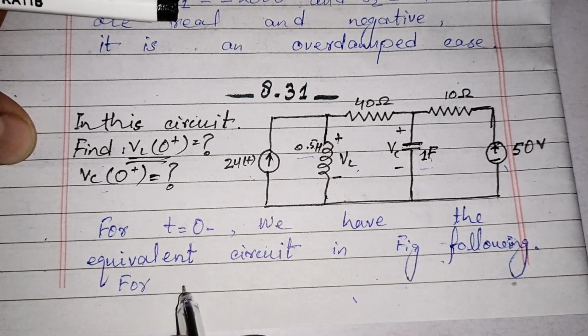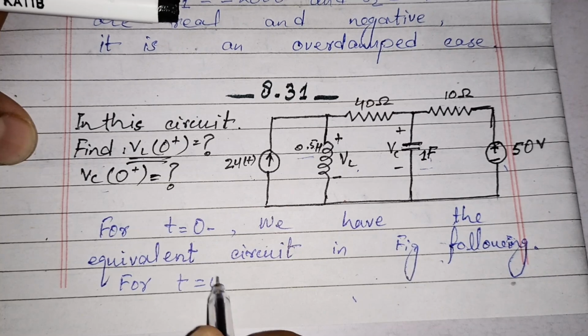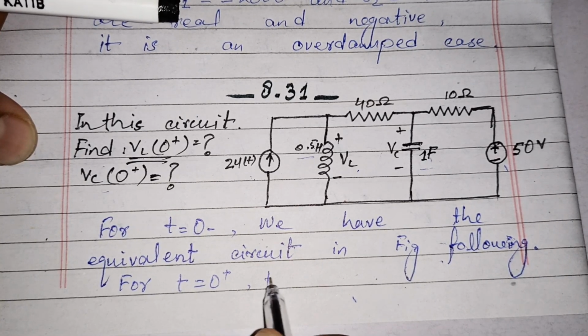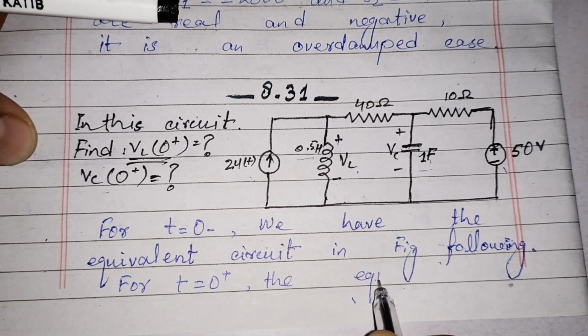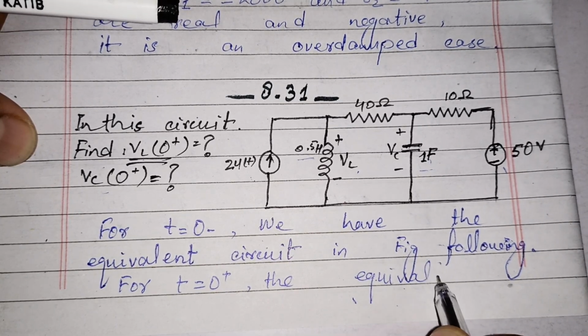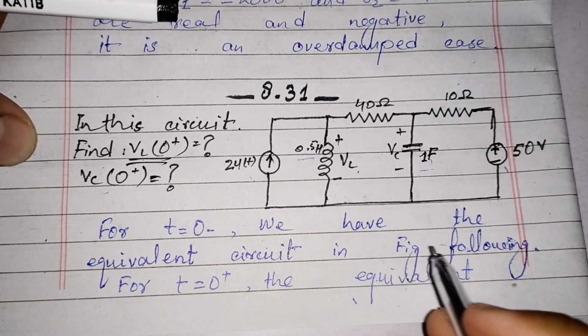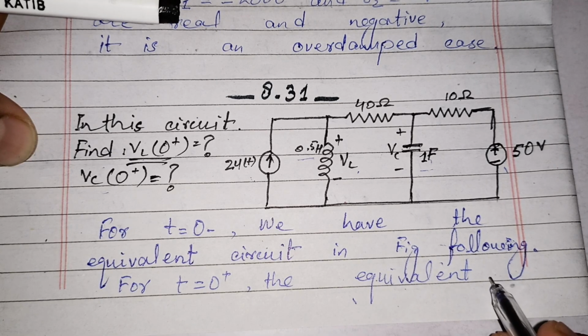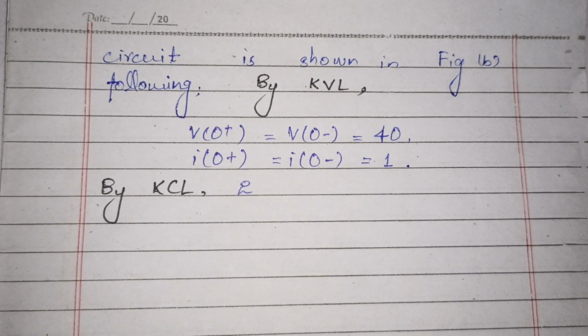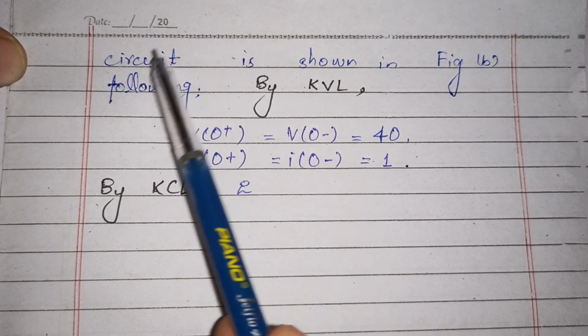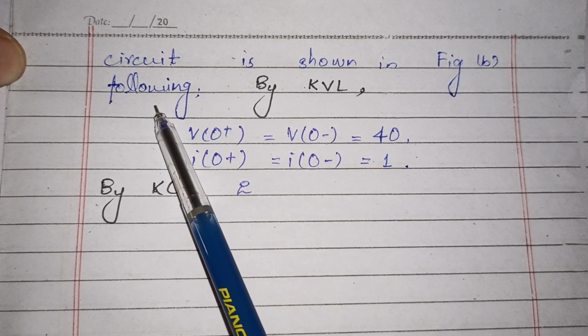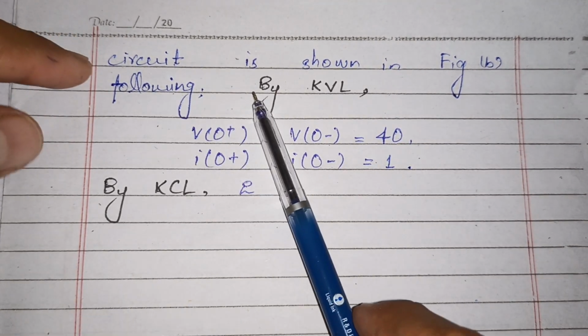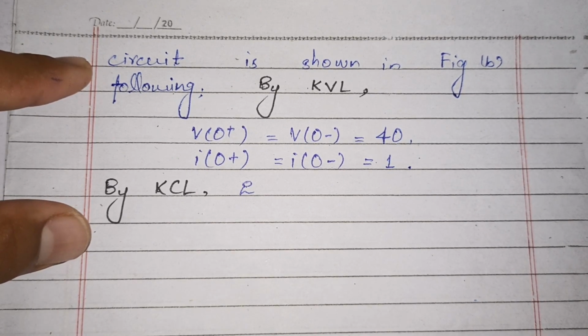For t equal to 0 plus, the equivalent circuit is shown in figure B, which is following, which will be drawn on the next.